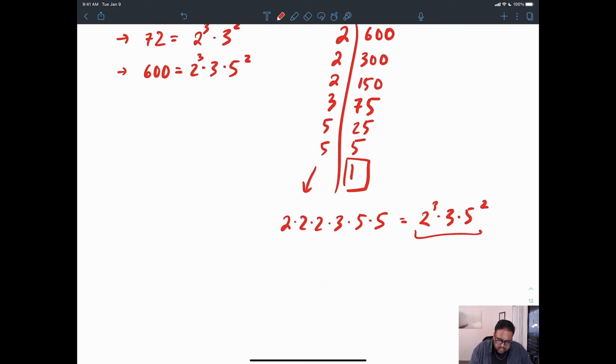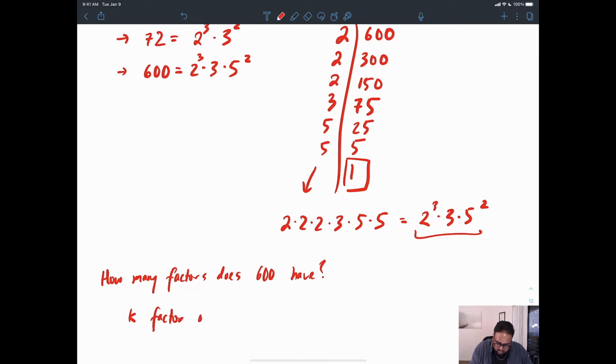So again, let's continue with the example of 600. How many factors does 600 have? Now remember, if k is a factor of 600, what that means is if I take 600 and divide it by k, the result is an integer.